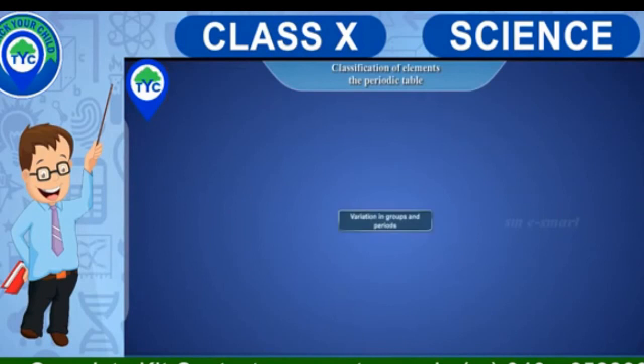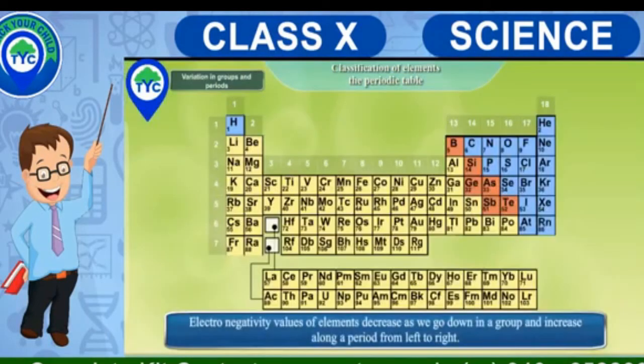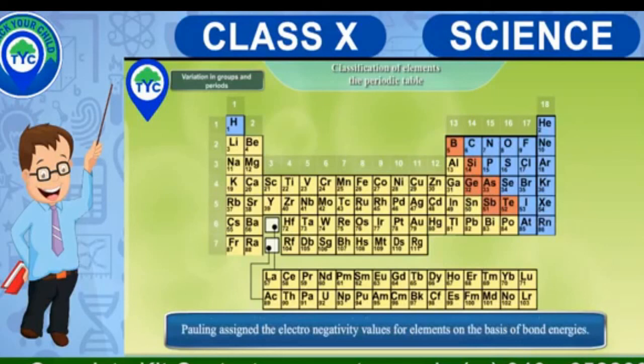Variation in groups and periods. Electronegativity values of elements decrease as we go down in a group and increase along a period from left to right. Pauling assigned the electronegativity values for elements on the basis of bond energies.